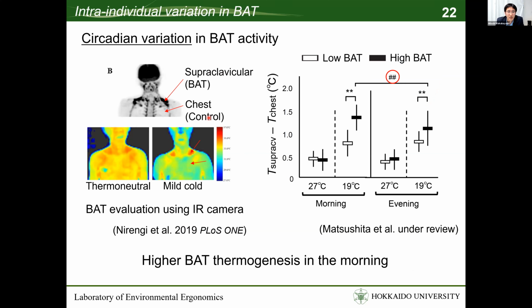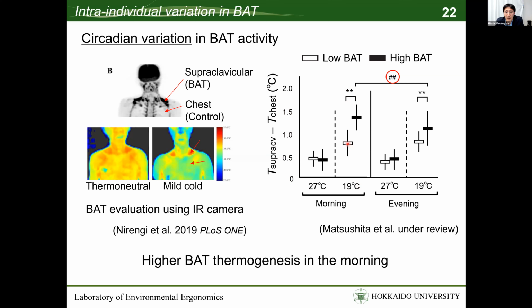We additionally analyzed the data using the IR camera technique. We used the temperature difference between supraclavicular and chest region as a surrogate parameter of the brown adipose tissue activity. And the right figure is showing the temperature difference in the morning and evening in thermoneutral and mild cold environment in low and high BAT group. And the high BAT group shows the greater temperature difference.